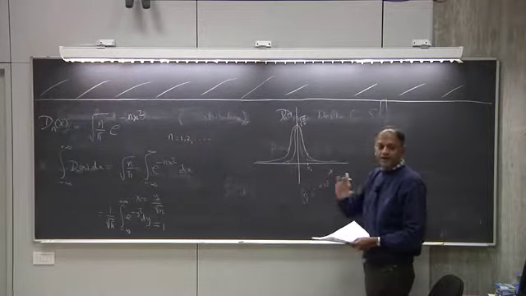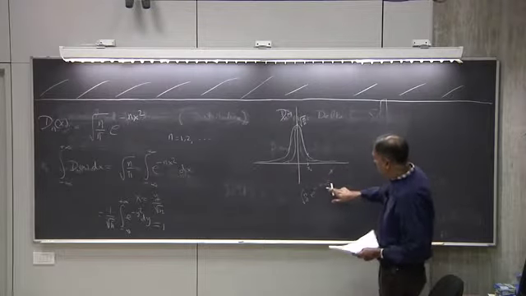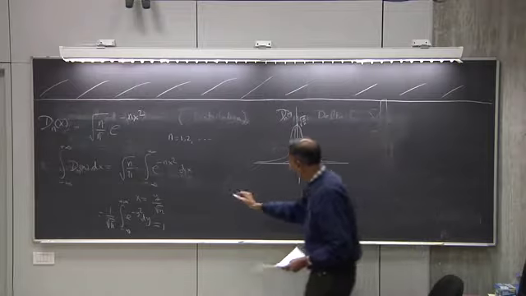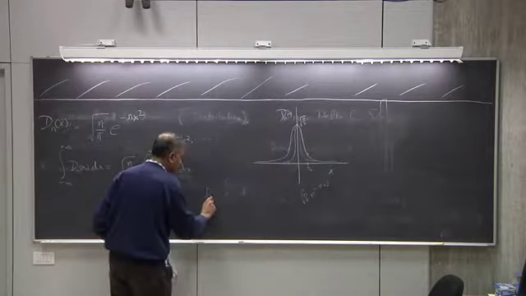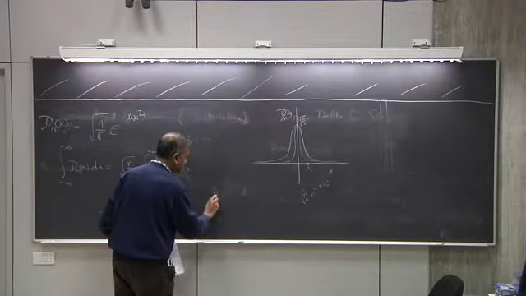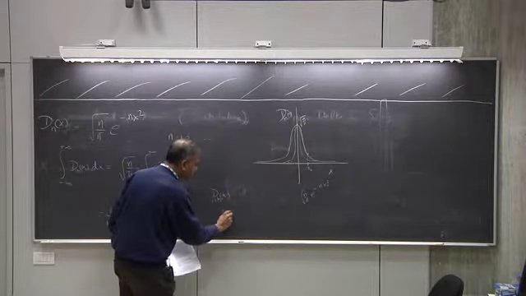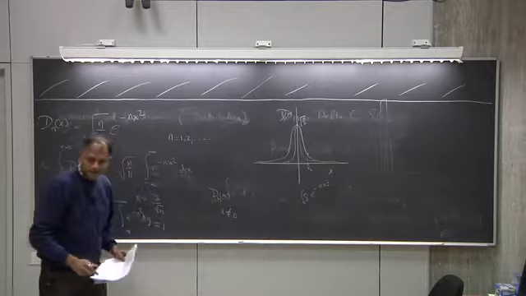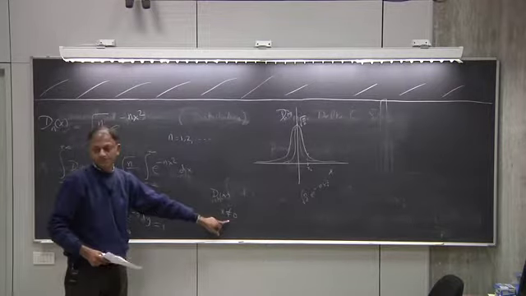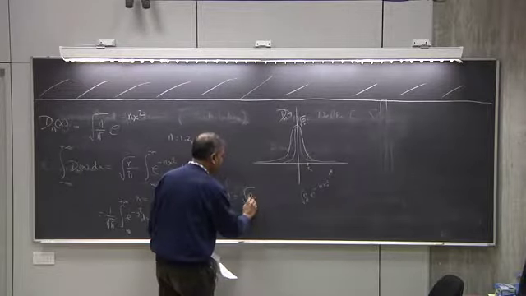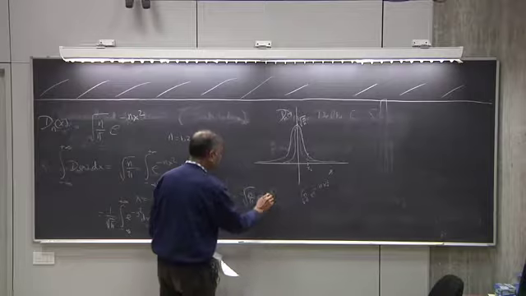So let's take dn of x at some point x which is not equal to 0. Well, this is root n by pi e to the minus n x square.